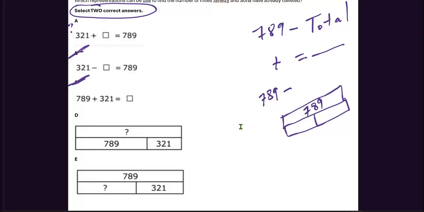Well, we said 789 was a total, so it needs to be in the top box, so D is out. Now looking at E, 789 is in the whole box, so that would also be a maybe. Now we have our two, it would be A and E. Okay, let's move on.